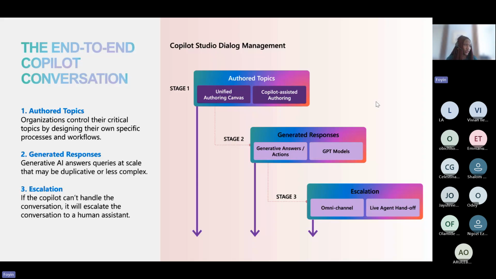I'm here, author topics. Then the next stage is generative AI answers queried at scale. So you can use generative answers or actions against those topics so that when people ask things that are similar to it, it understands.